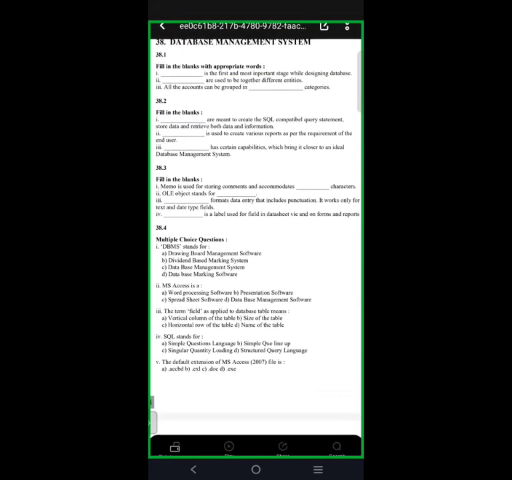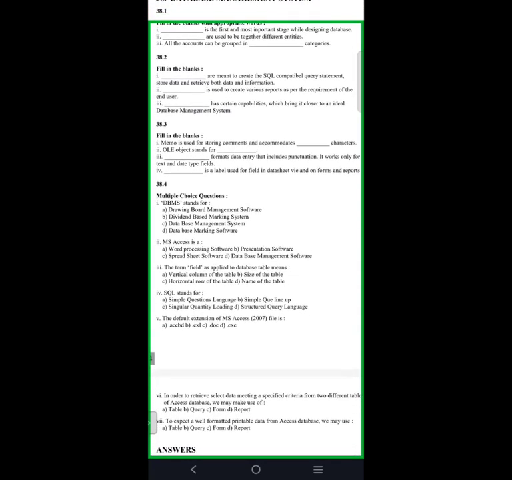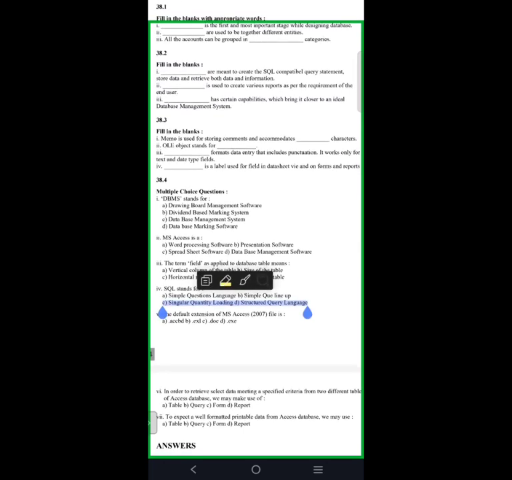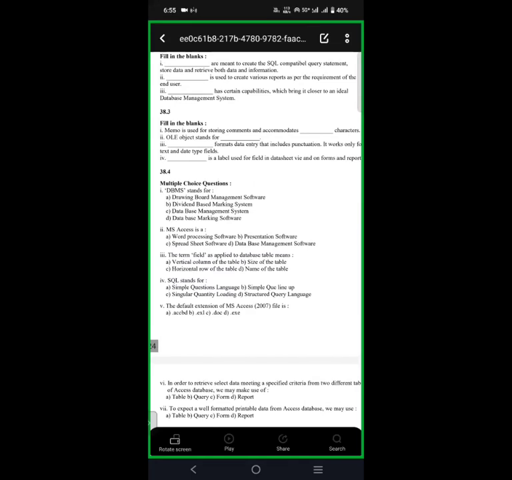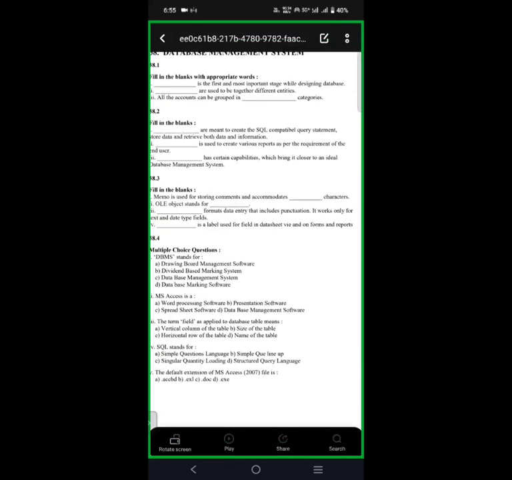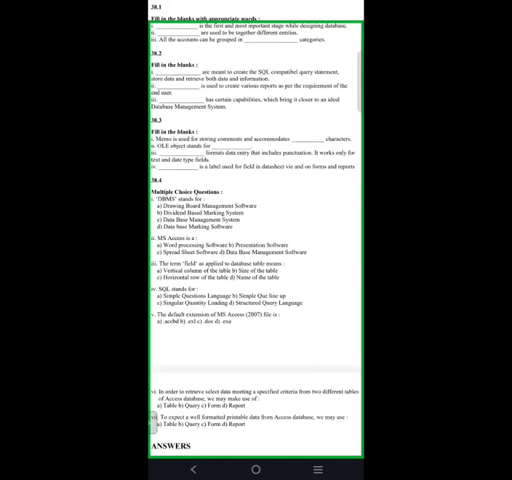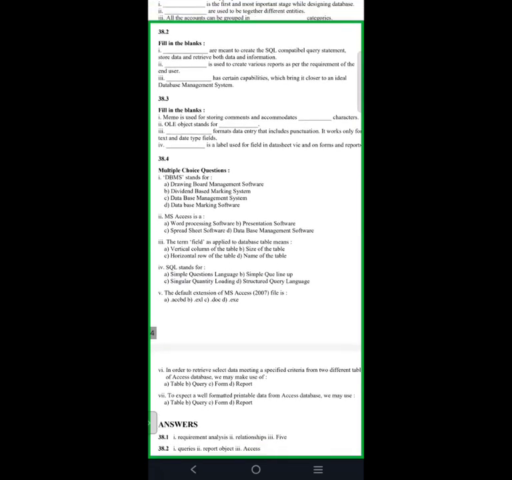അടുത്ത DBMS ആണ്. Fill in the blanks with appropriate words. Dash is the first and most important stage while designing a database. Requirement analysis. Dash are used to tie together different entities. Relationships. All the accounts can be grouped in dash categories. 5 categories.